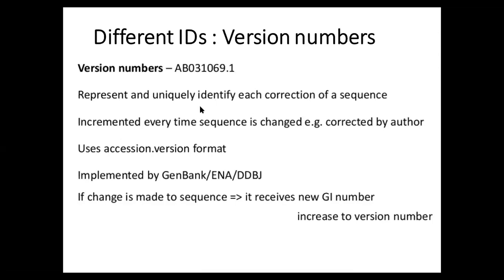It would be incremented every time the sequence is changed. So if a change is made to the sequence, it would receive a new GI number, and the version number would be increased. So let's look at whether there are any version numbers available.